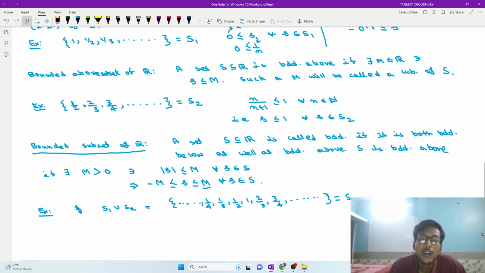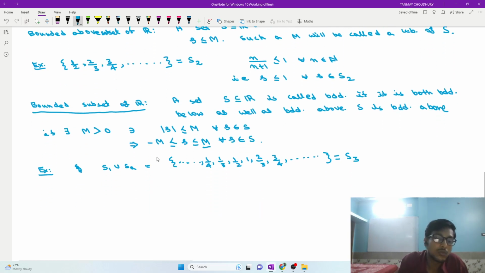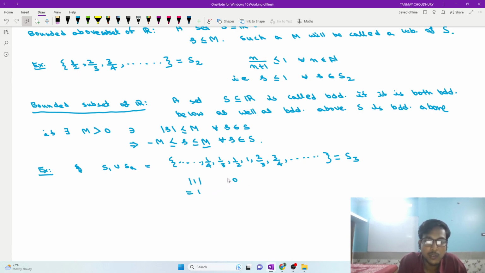So you have found the upper bound to be 1 and the lower bound to be 0. Take their absolute values. The absolute value of 1 is 1, and the absolute value of 0 is 0. Take their maximum.